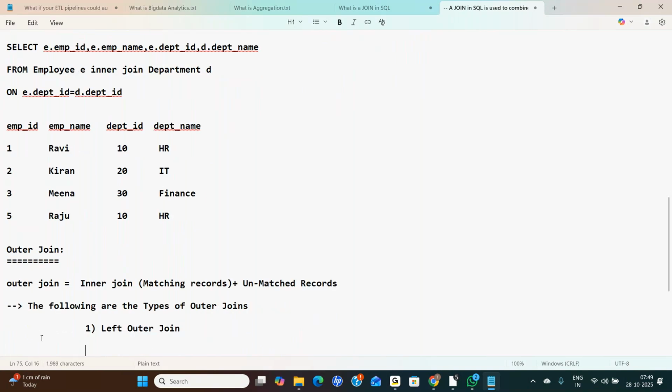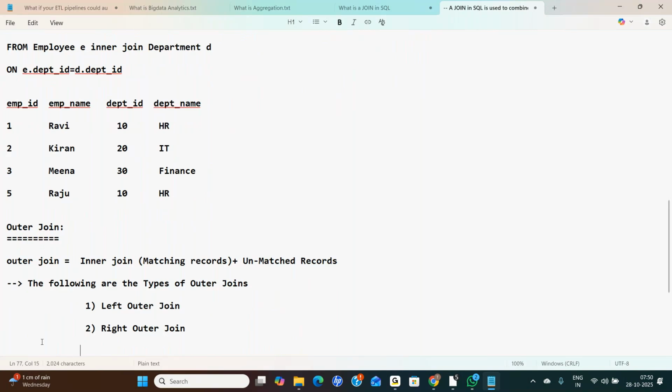The second one is right outer join, meaning the right table. If you want to take unmatched records from both the tables, complete, that's called a full outer join.